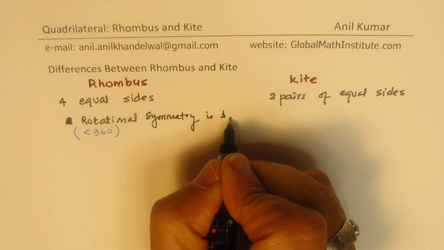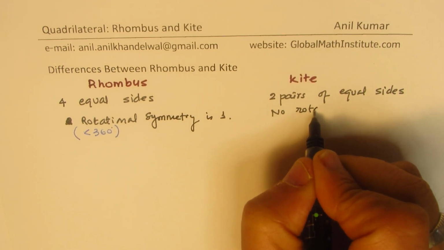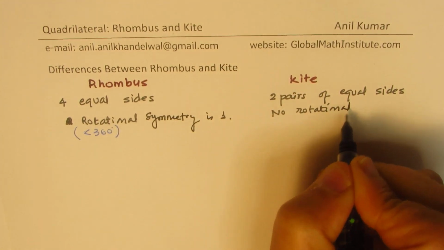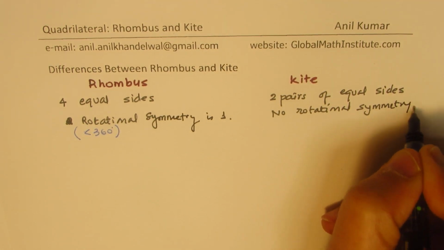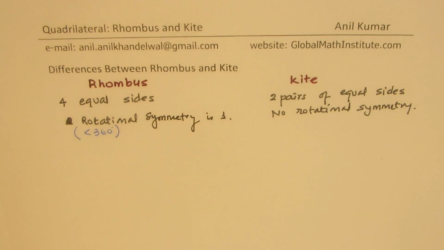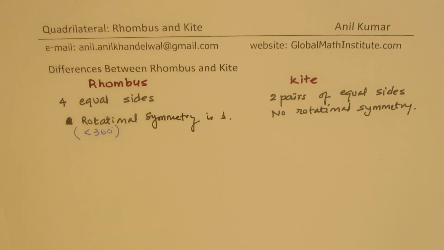Rhombus is 1, and here the kite has no rotation symmetry. Now there is a lot of confusion about the term rotation symmetry. Watch my video to understand this part, correct?